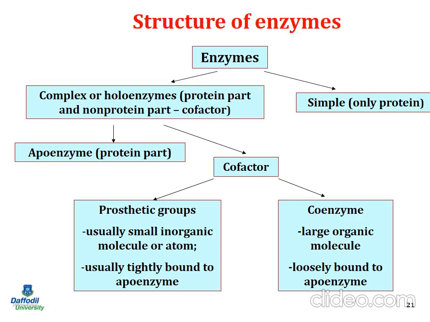But in case of a prosthetic group, it binds to the apoenzyme through a conventional bond, and this conventional bond could be a covalent bond, and in most cases it is a coordinate bond. And basically metalloproteinases have this type of prosthetic group, which depends on the metal ion and also the bonding between the metal ion and the apoenzyme part.